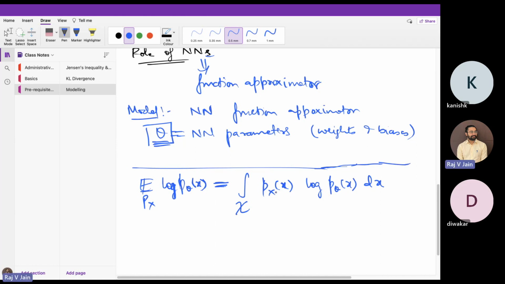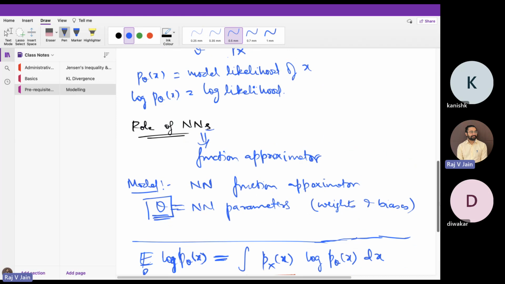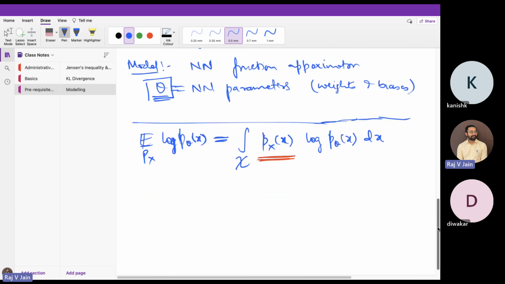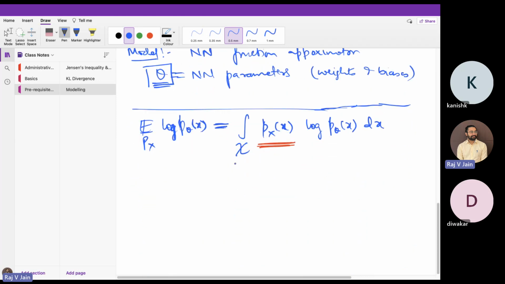What other issue would you see here? Think about this term. There's something special about this term being here, and it is causing a big problem. Do we know the functional form of px, by the way?